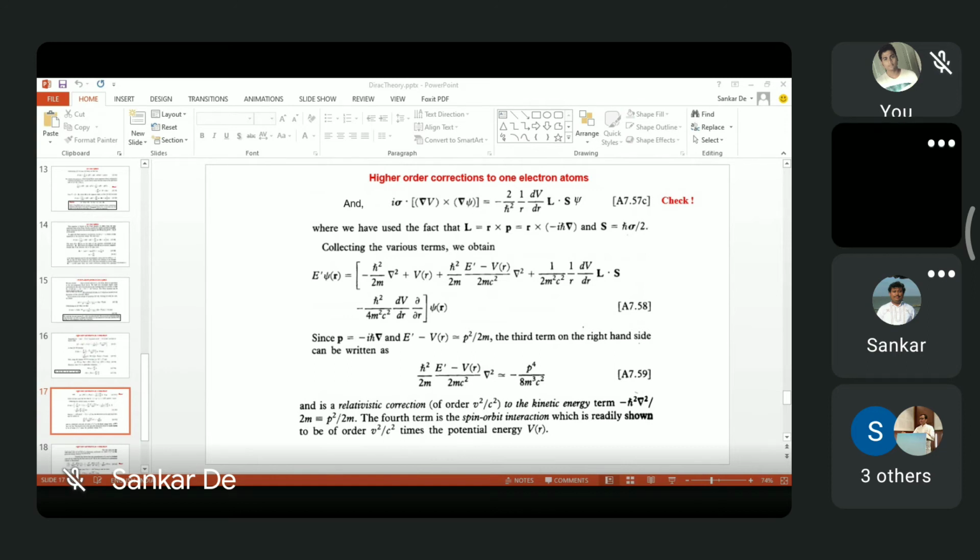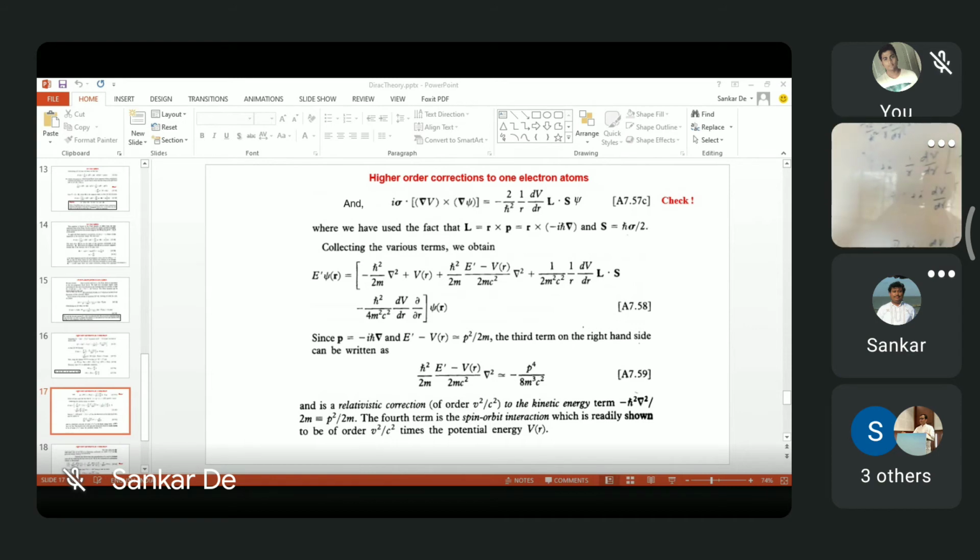From here, this one I can write like this. Then there is r vector over here, that becomes r cap. Then just rearranging, I got this, sigma dot grad V cross grad psi. This is right, sir? Yes, I think it is right.